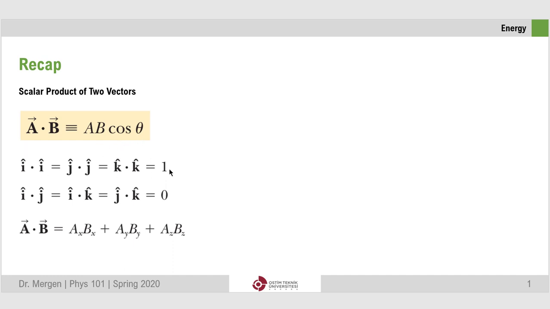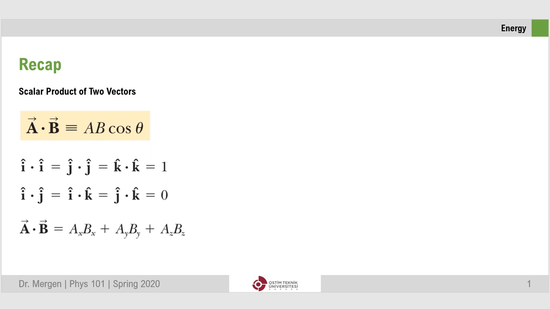And then you get 1 when you multiply the unit vectors of the same kind. And lastly, even though you are multiplying two different vectors, at the end you'll get a non-vector, a scalar, at the end of the scalar product operation.